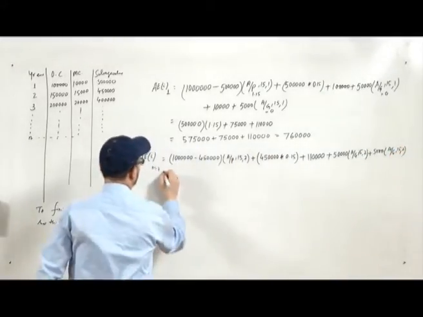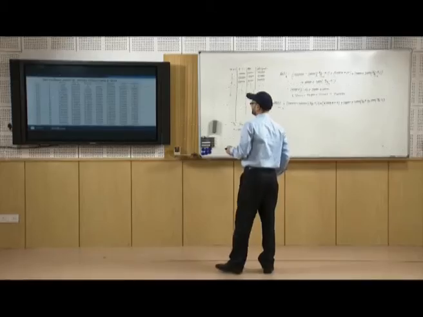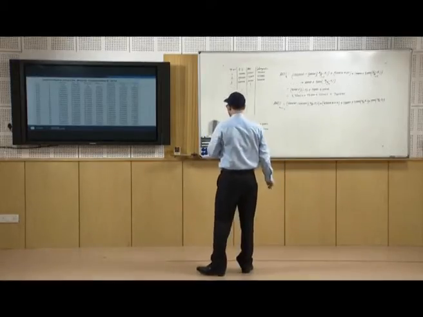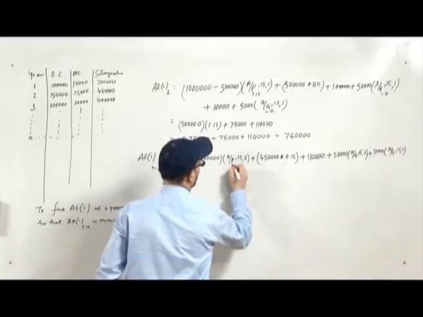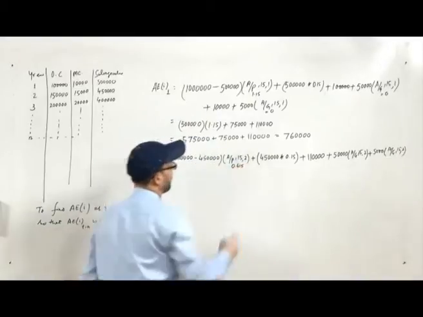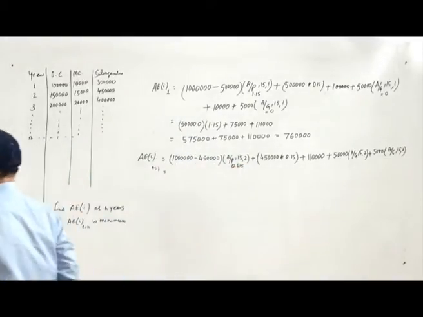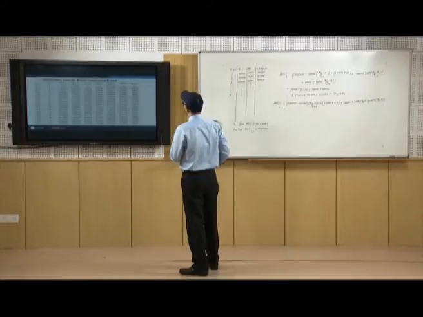If we take the value of the factor A by P 15,2, that becomes 0.615, and A by G 15,2 is coming as 0.465.